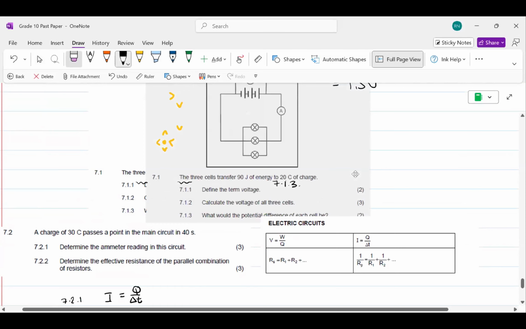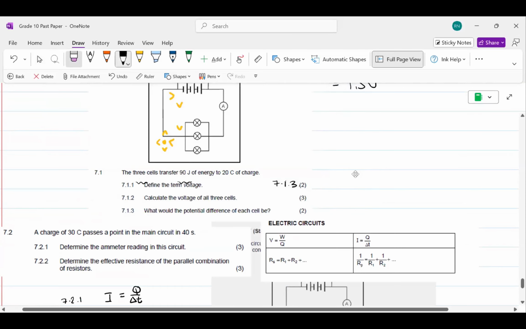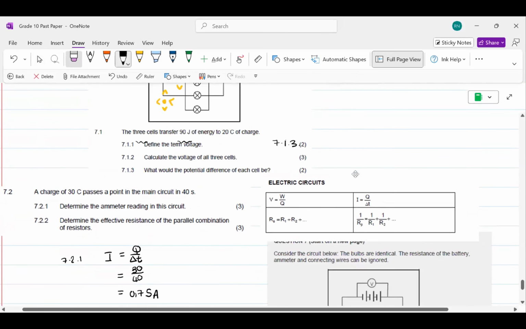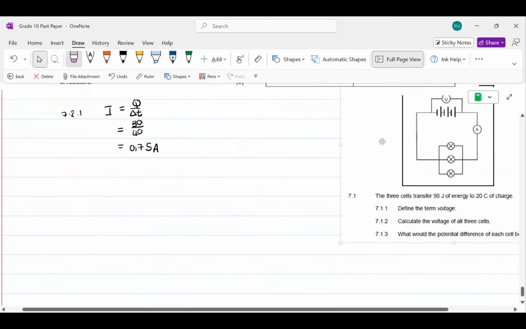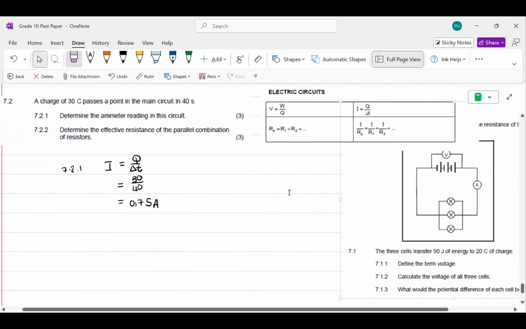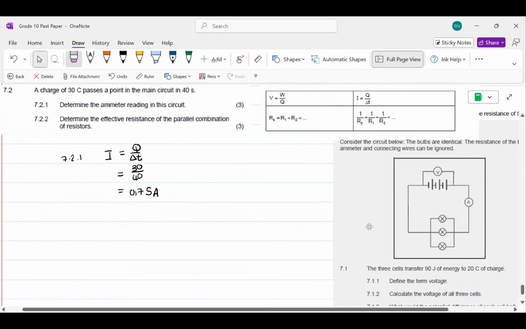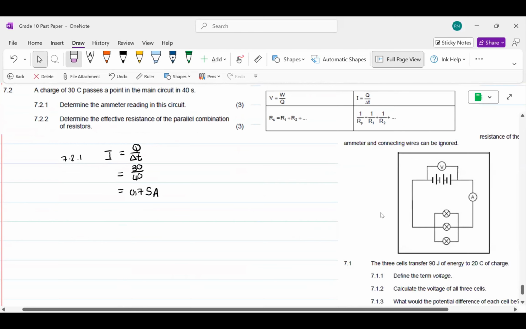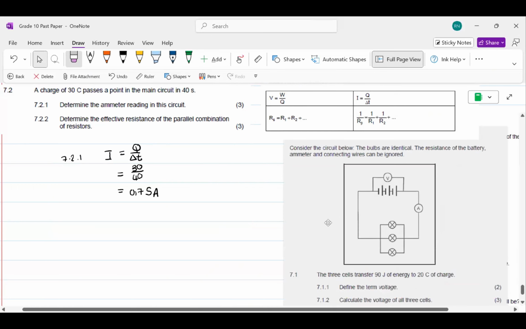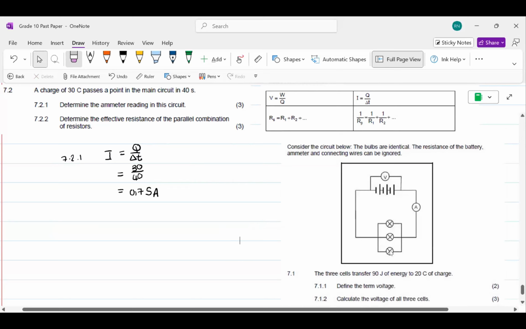I want to know what is the resistance of the circuit, or the effective resistance. They haven't told us anything in this diagram. We know what the voltage is and we know what the current is now, but they haven't told us what this resistance plus this resistance plus this resistance is. We don't know what any of the resistances are. So how can we find out the resistance of the circuit?